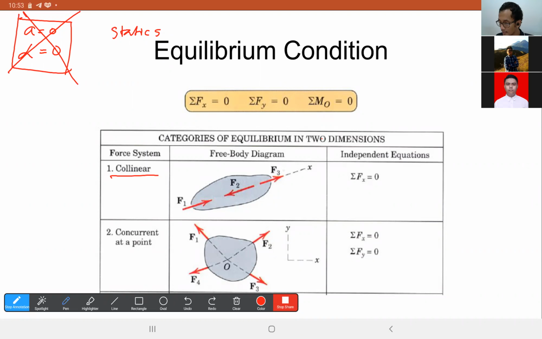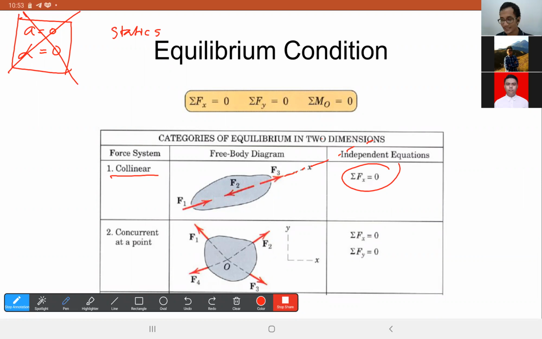So in that case, you can do it this way. Just create one axis in that line of action, in this case x, and total everything, and the total is supposed to be zero.